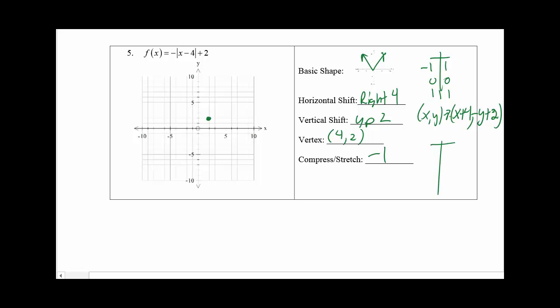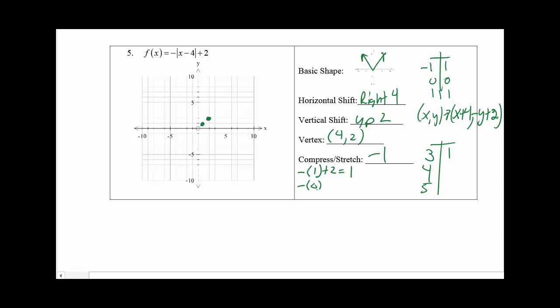And let's see, so we'll add the 4 to all the x's. So -1 plus 4 is 3, 0 plus 4 is 4, 1 plus 4 is 5. And the y's, so that would be -1 plus 2, which puts me at 1. So (3, 1). So going down, that's a good sign, because that's what I expected, it to face down.